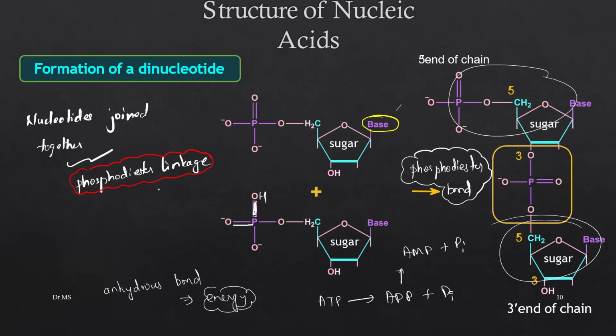Now this phosphodiester linkage happens between the fifth carbon and the third carbon, or you can say the phosphate group on the fifth carbon and the hydroxyl group on the third carbon.